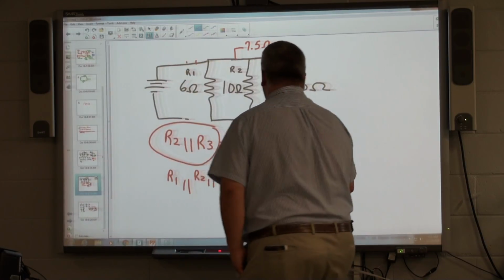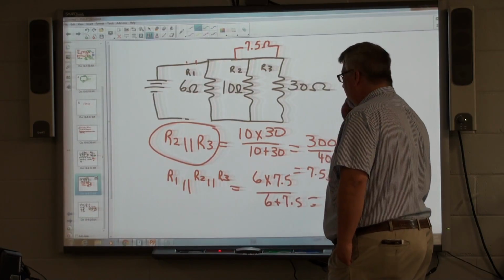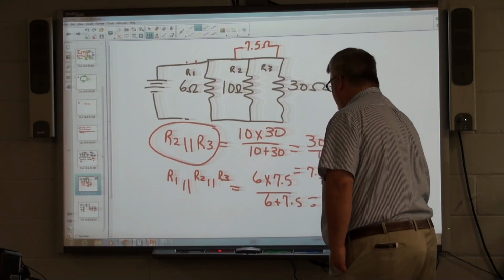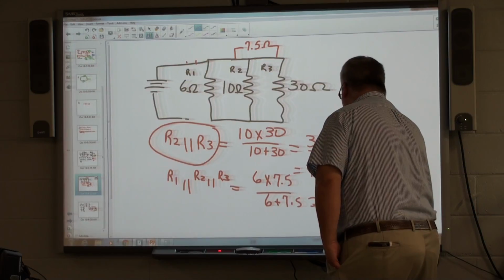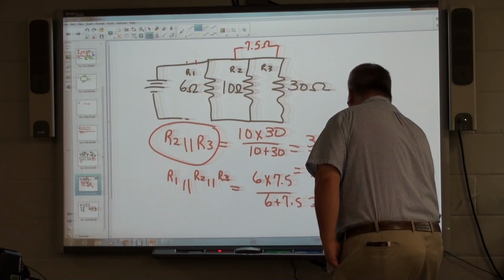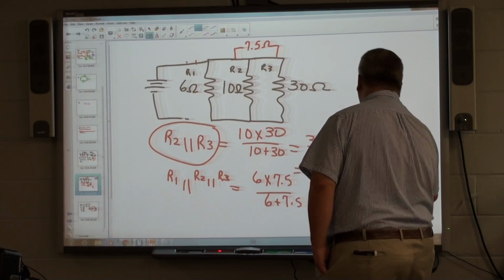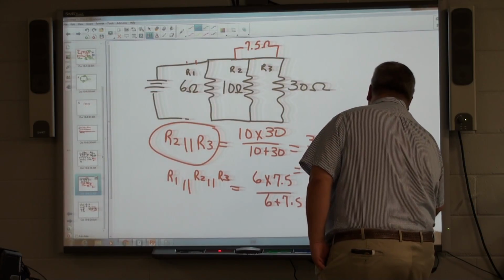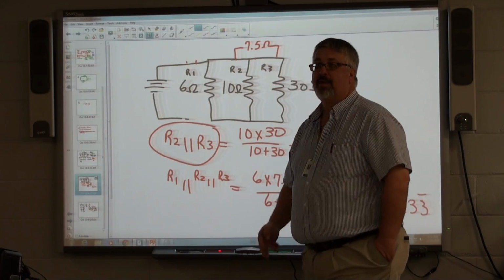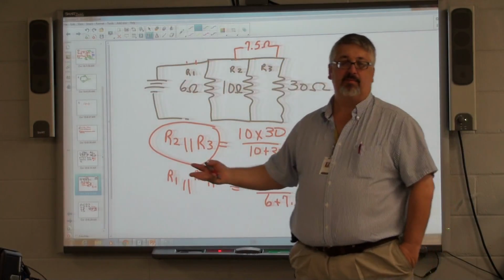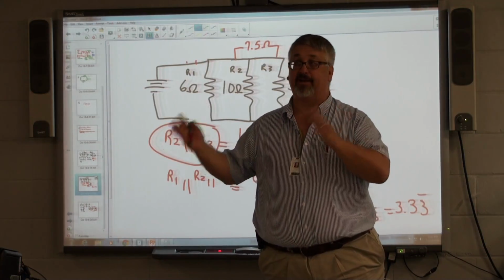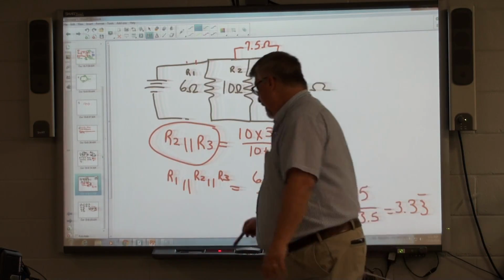What is 6 times 7.5? 45. 45 divided by 13.5 is 3.33 repeating. So I write the same answer, I just work the opposite way. So if I do product over sum, it doesn't matter if I go left to right or right to left, I just got to do two at a time, I can't do all three.